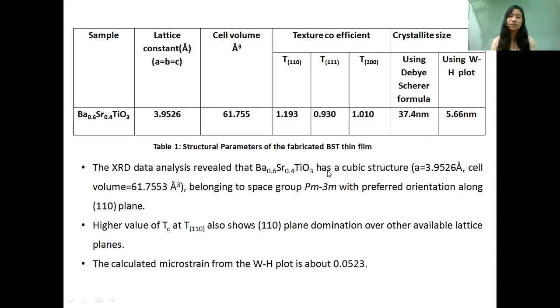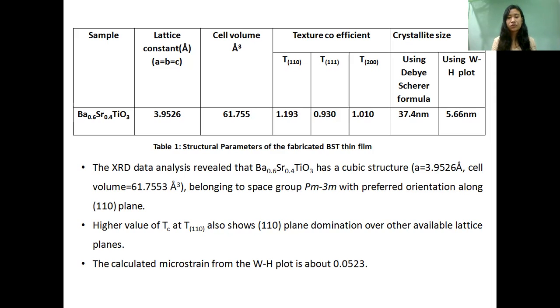From the analysis of XRD data, it is revealed that the synthesized barium strontium titanate thin film has a cubic structure belonging to the space group Pm-3m with preferred orientation along the 110 plane. From the texture coefficient, we can also see the dominance of the 110 plane over other available lattice planes.